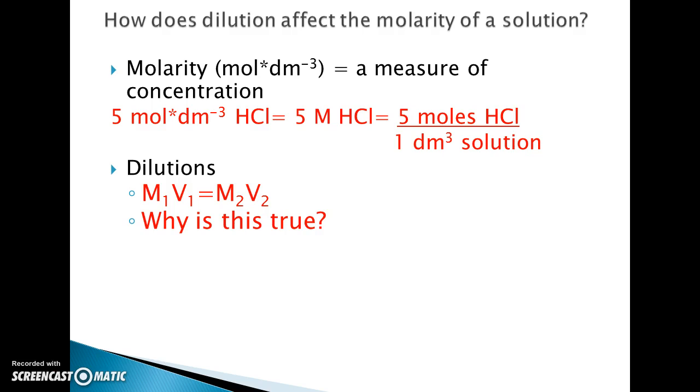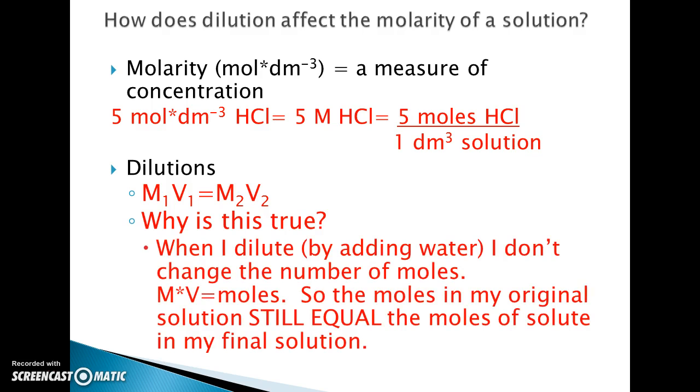Why can we take something a little more complex and put it into such a simple expression? So when I dilute something, that means I'm adding water. I'm not actually changing the number of moles, right? If I have concentrated acid and I add some water to it, I haven't added or taken away any acid, right? Since molarity times volume equals the number of moles, basically what I'm saying is the original moles equal the final moles.